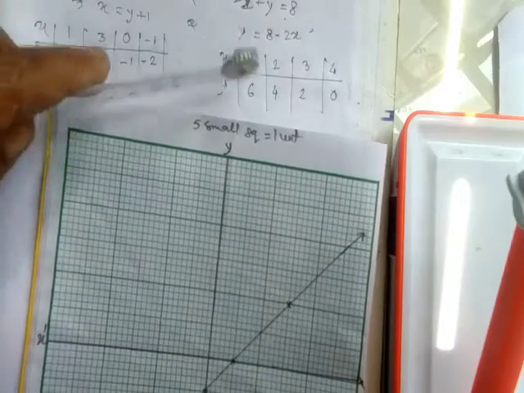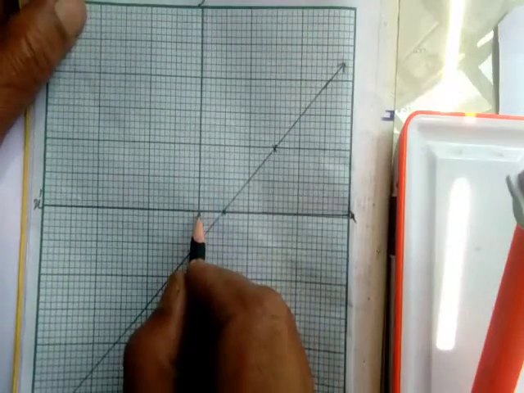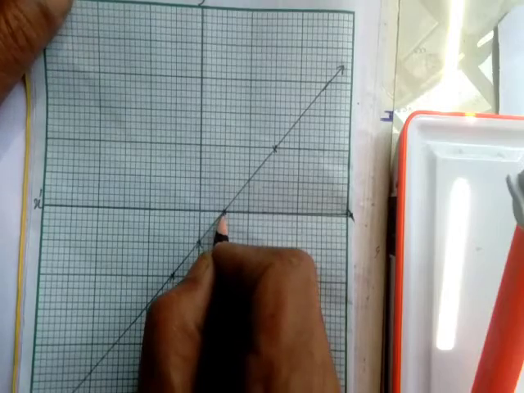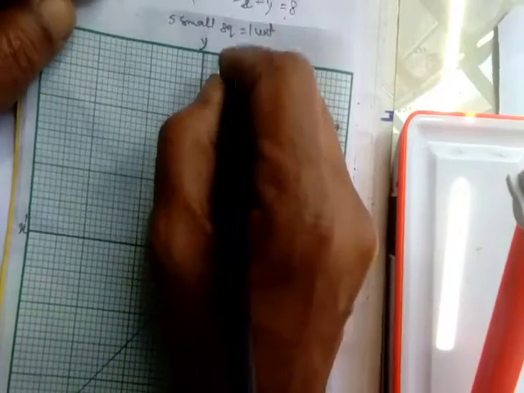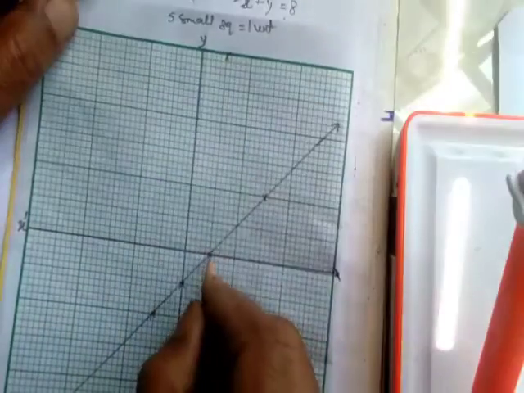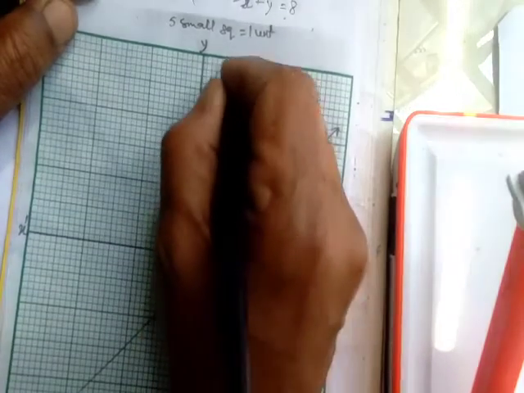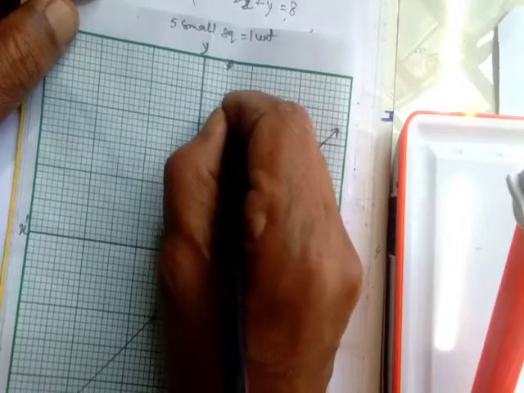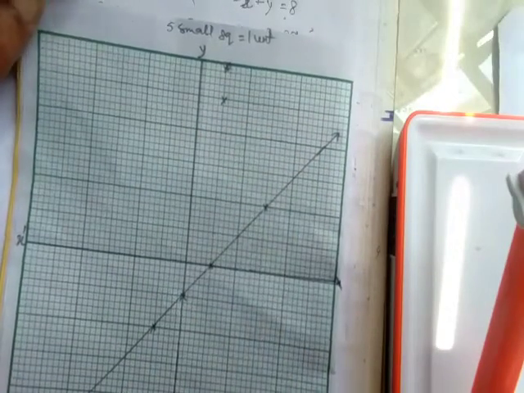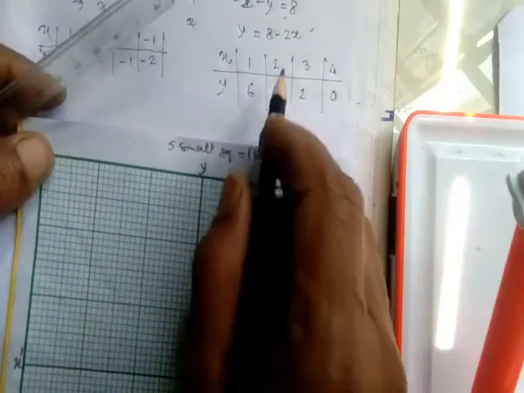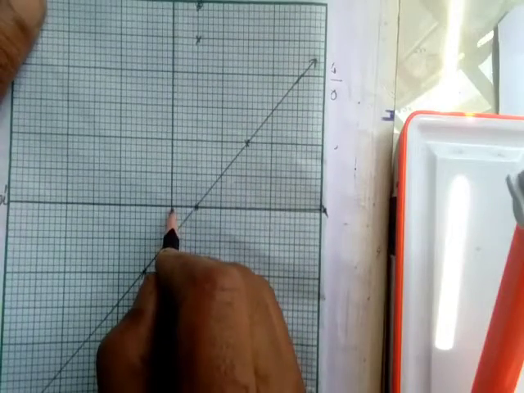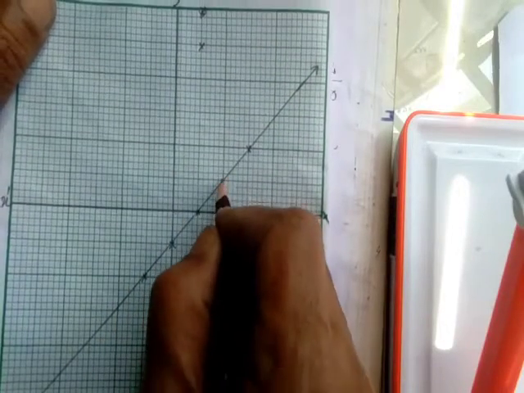X is equal to 1, y is equal to plus 6. It will go up: 1, 2, 3, 4, 5, 6. Next, x is equal to 2, y is equal to 4.